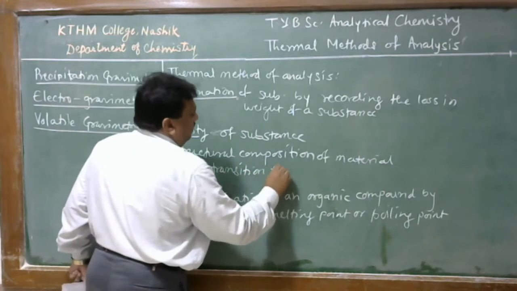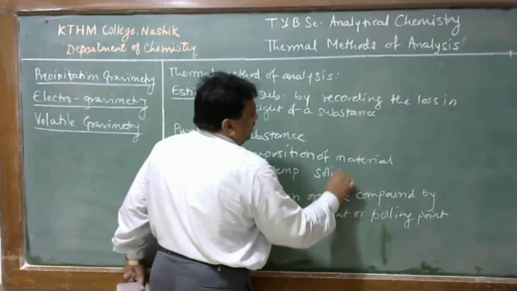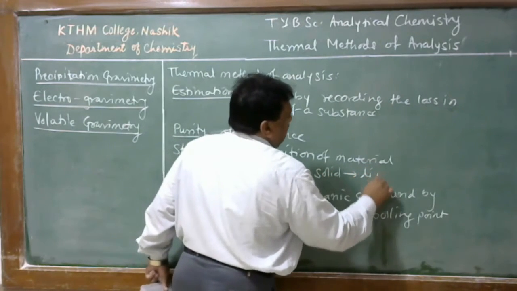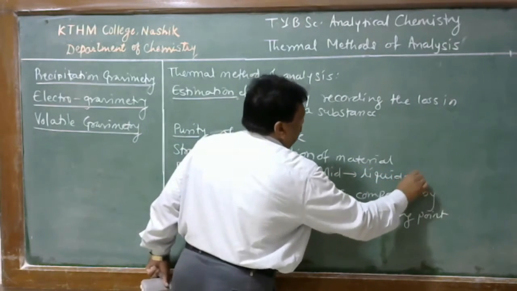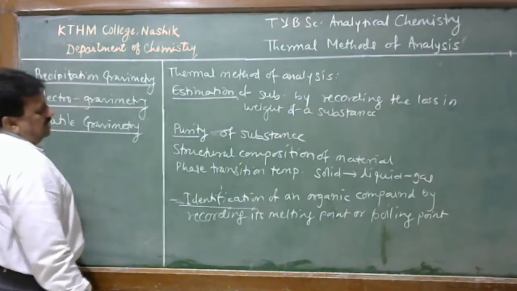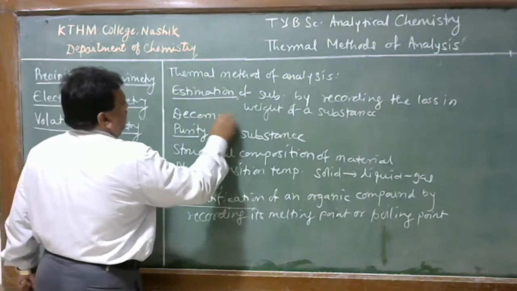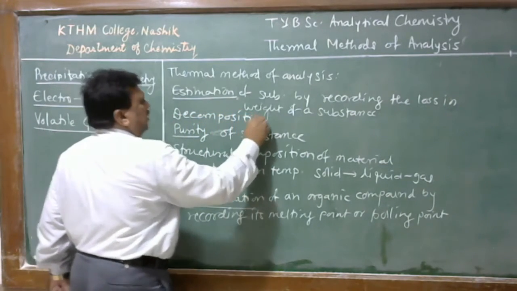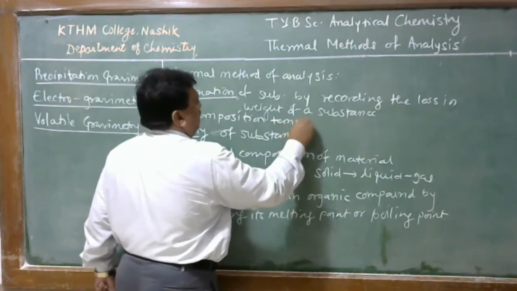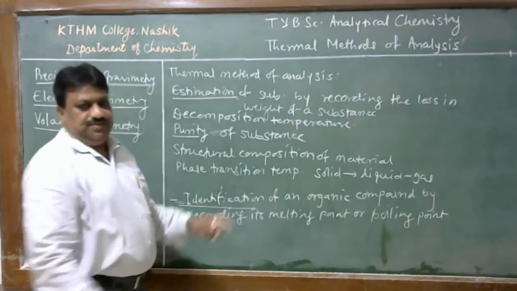Phase transition temperature means a temperature at which a solid is converted into liquid and liquid is converted into gas. In addition to this, we also determine the decomposition temperature of the substance by a thermal method.